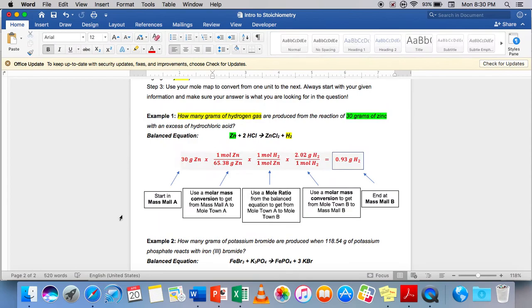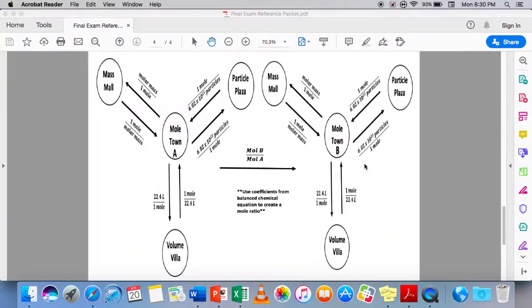So I'm going to start in mass A, which is where I wrote down. Now the question asked how many grams of hydrogen gas. Well, grams is another example of mass, and that's your B. That is your unknown. That is what you are looking for. So this is over here on the right-hand side of your mole map in mass mol on the B side.